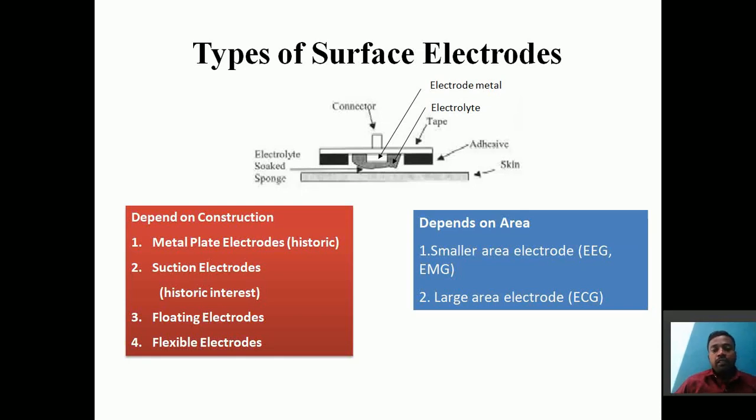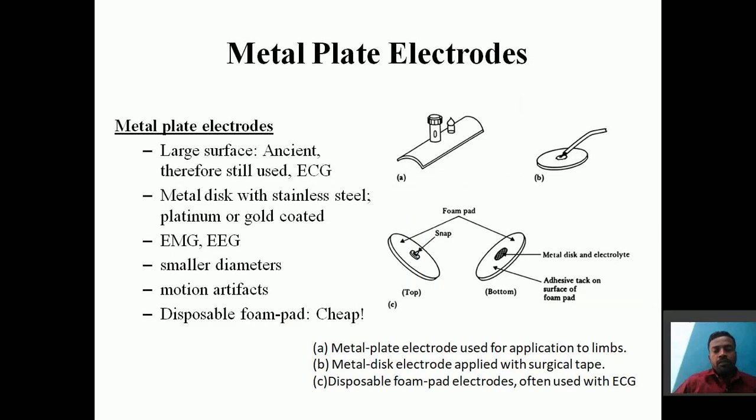This diagram indicates one of the surface electrodes. We will see the next slides. First, the metal plate electrode. The metal plate electrode is categorized into three different types: the metal plate electrode for limb application, the metal disc electrode, and the disposable foam bed electrode.